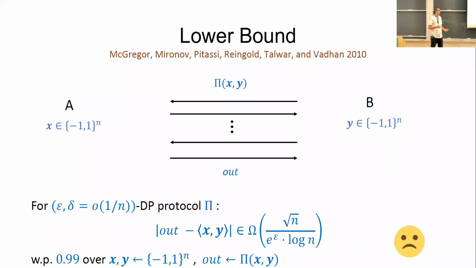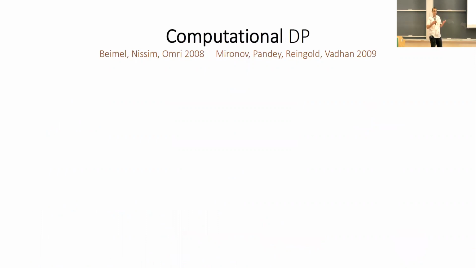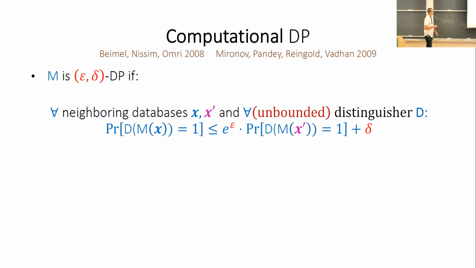So that sounds bad. So researchers thought about a relaxation of the definition to the computational case. Here is an equivalent definition that we saw in the first slide. M is epsilon-delta DP if for every neighboring x and x prime and every unbounded distinguisher D, the probability that D(M(x)) is 1 is epsilon-delta close to the probability that D(M(x prime)) is 1.